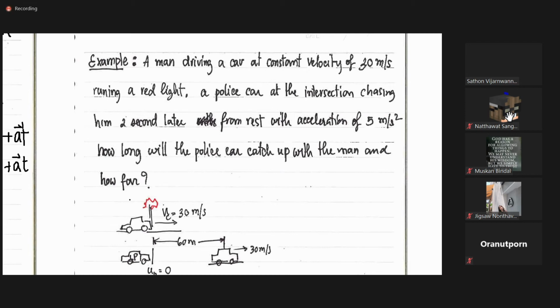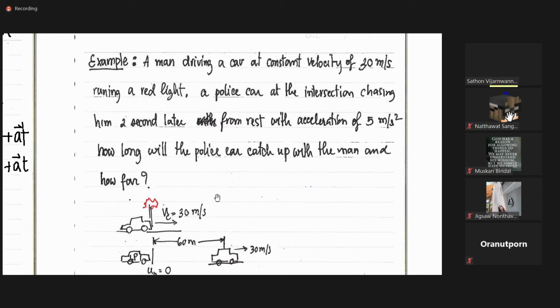It says, a man is driving a car at a constant velocity of 30 meters per second, and then he runs a red light. A police car at the intersection chases him 2 seconds later from rest. The police car initially is at rest with an acceleration of 5 meters per second squared. How long will it take the police car to catch up with the man, and how far?